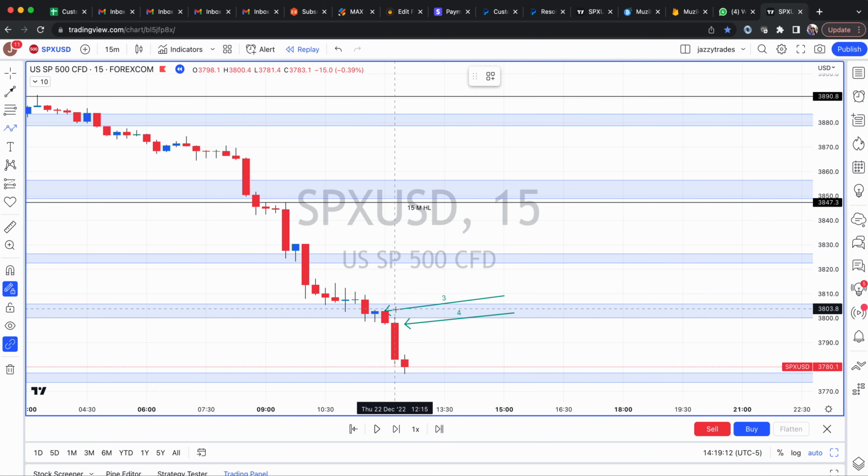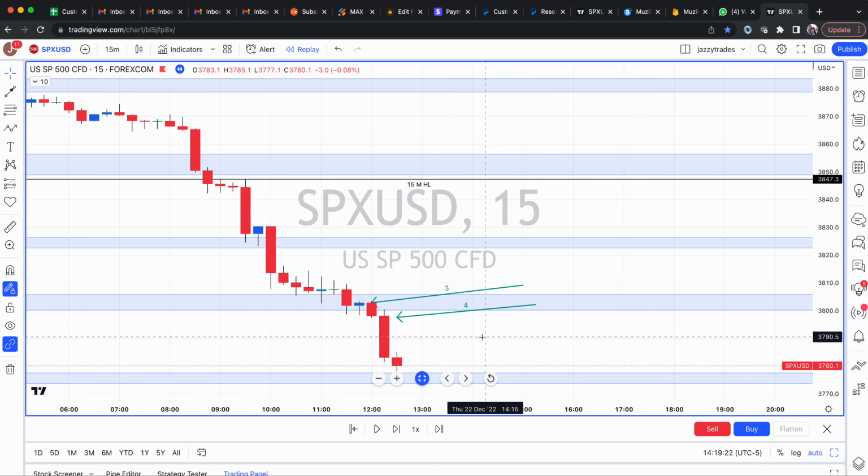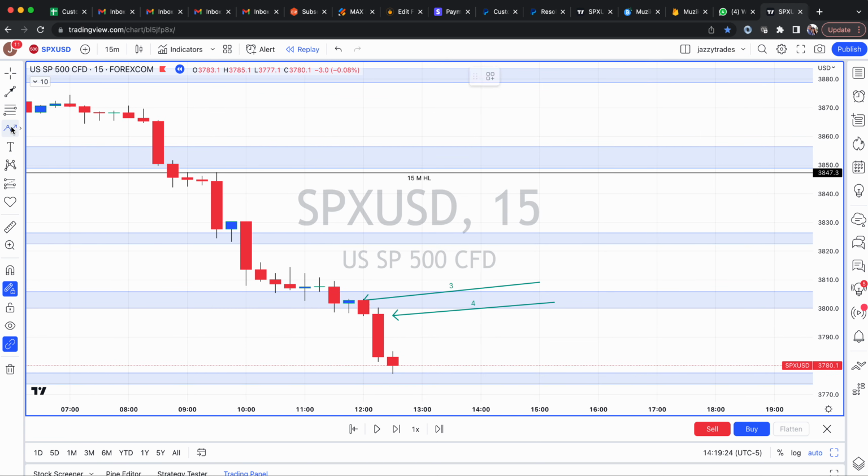Let's say buyers step in on the zone, they might do that, right? Then we'll lose 10-15% here. So instead what I preach is this. So instead what I teach is this.